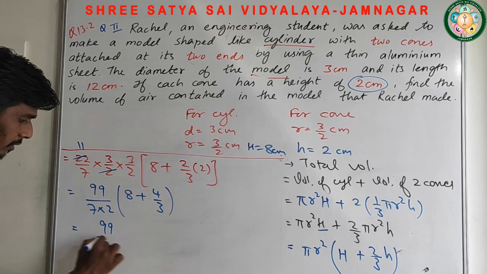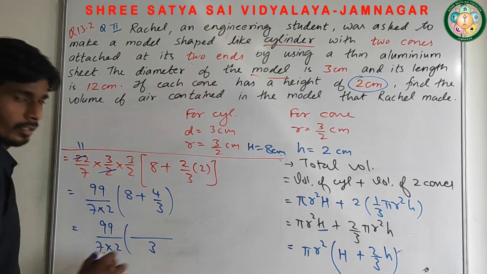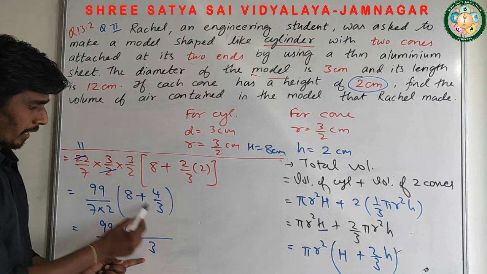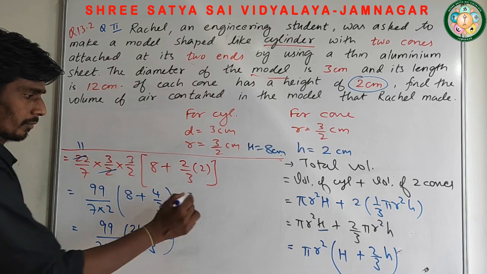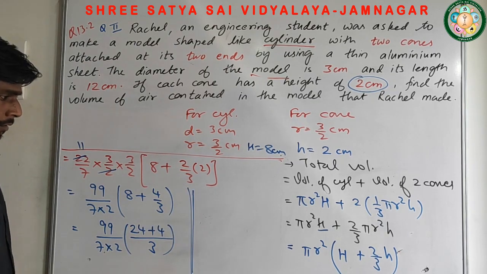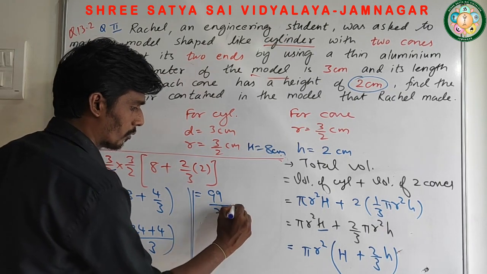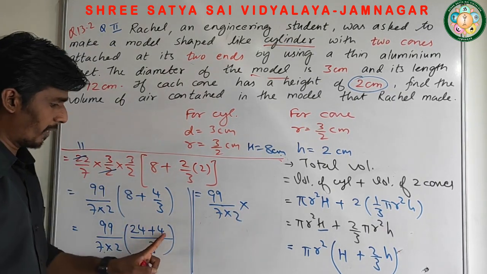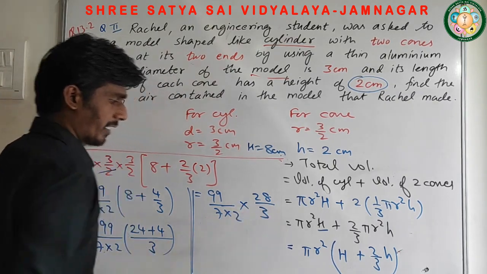So it's 99 upon 7 into 2. What is the LCM here? 3. 8 3s are 24 plus 4. So here I can write 99 upon 7 into 2 into 28 upon 3.